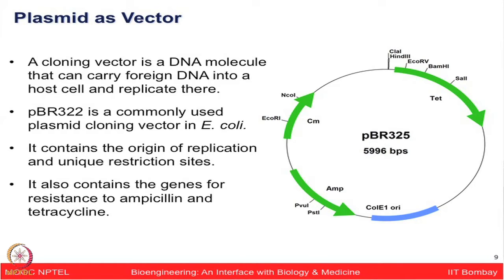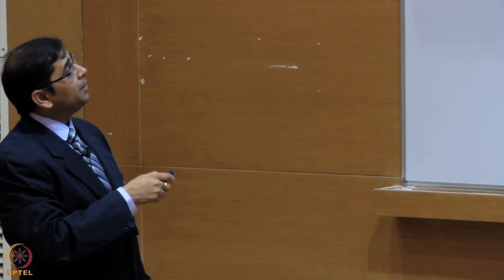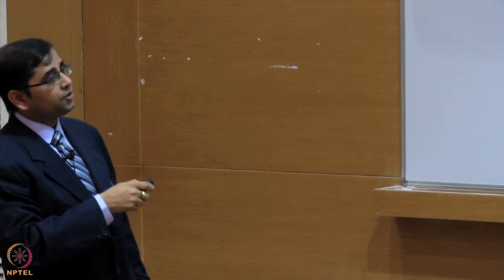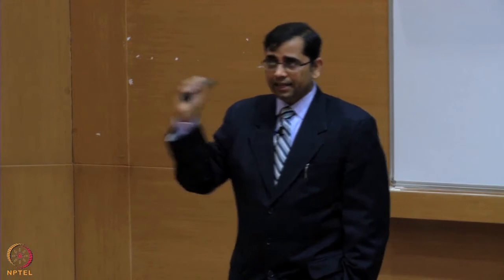Therefore, in this vector map itself, these particular genes have been added: ampicillin, chloramphenicol, tetracycline, etc. Additionally, there are many enzyme names you can see, EcoRI and so on. These enzymes are known as restriction enzymes, and these are the sites where these restriction enzymes are going to work.